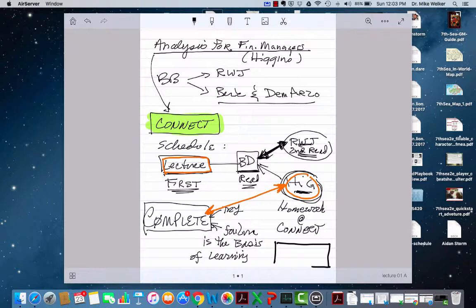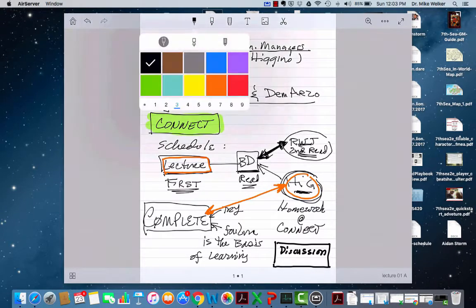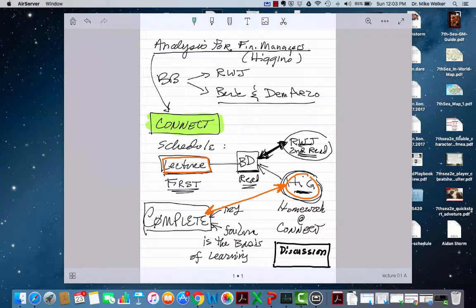And then lastly, each week, remember, Blackboard has a great discussion board system. What I want you to do in discussion is pretty straightforward. The discussion board issues that are crucial to keep in mind: basically this is for Q&A. Everybody's going to have questions.